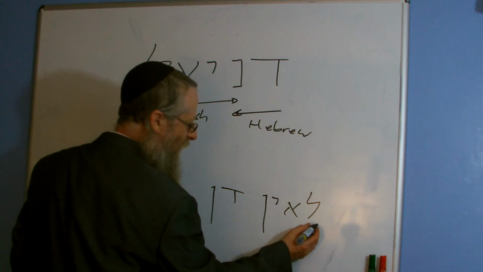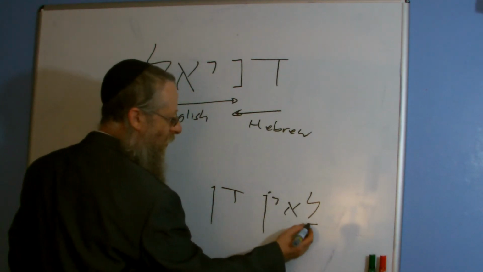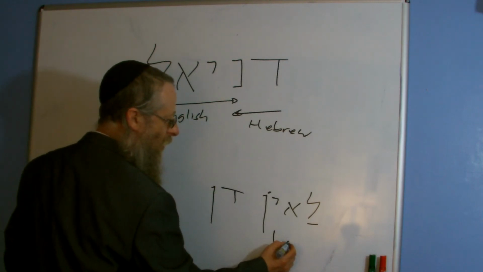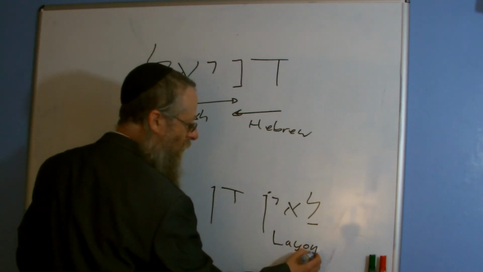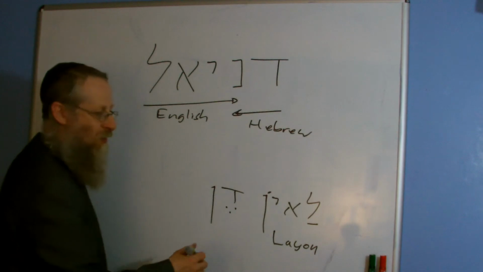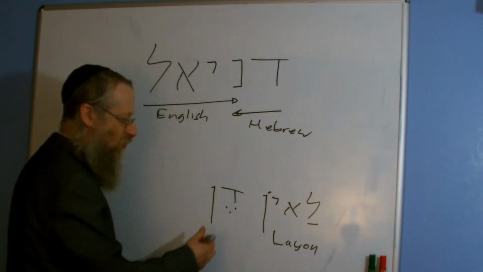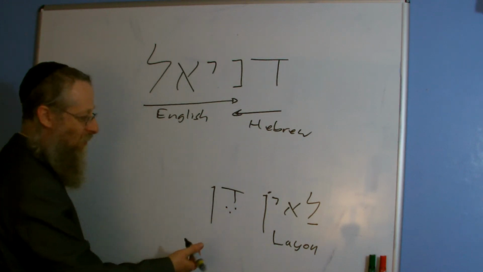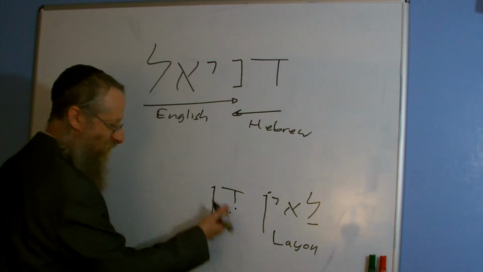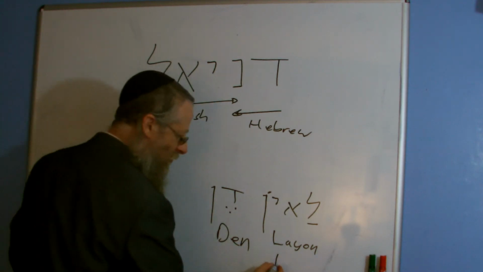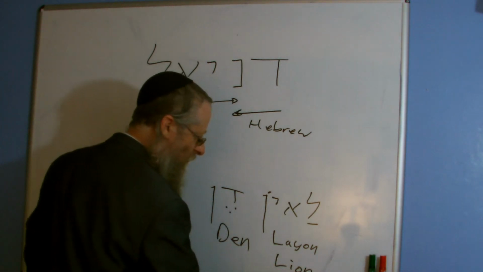If I put the vowels on, this will become Lion. There are no vowels in the scriptures, you have to put the vowels on. So you could put all sorts of vowels in, dun, din, don, this is den, because I want to show that it spells lion den.